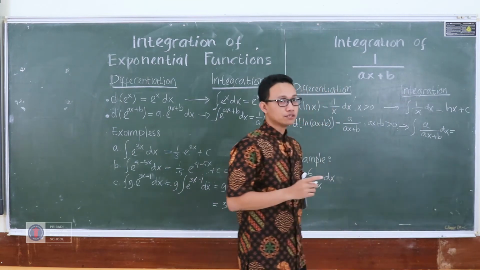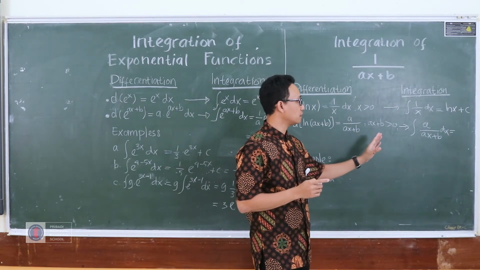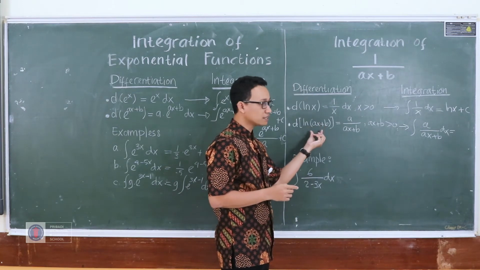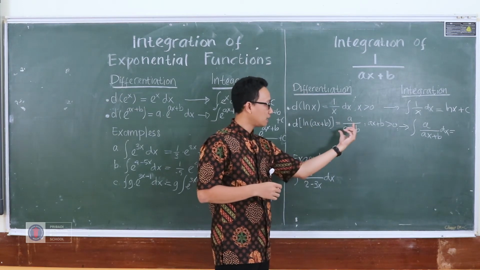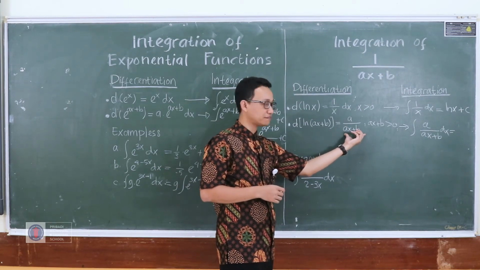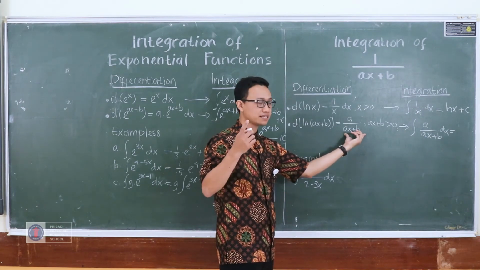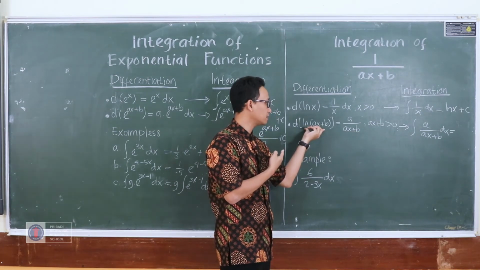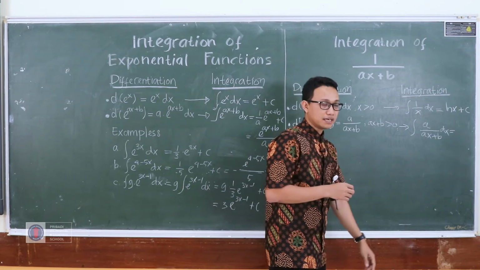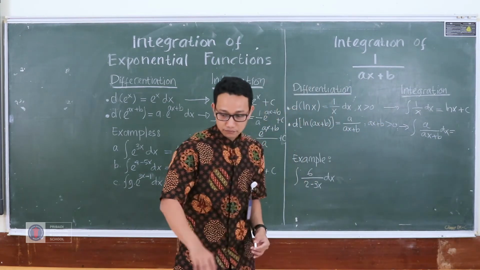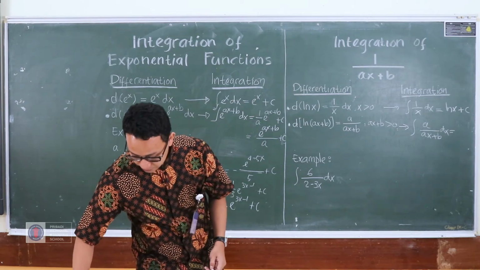If the derivative of ln x is 1 over x, then in order to find the antiderivative, you just focus on this result of derivative, and you take it as the result of integration, right?